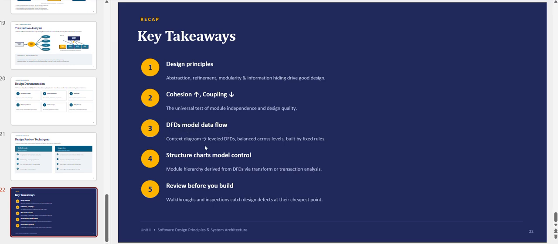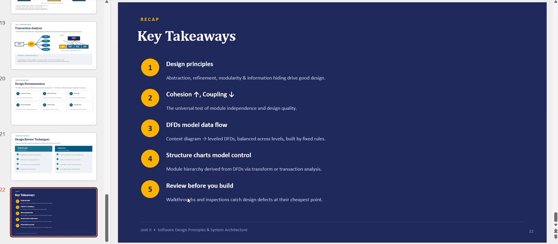In this, context diagram, then level DFDs balanced across levels, built by fixed rules. Fourth one is structure charts model control. In this, module hierarchy derived from DFD via transform or transaction analysis. Fifth one is review before you build. In this, walkthrough and inspection catch design defects at their cheapest point.